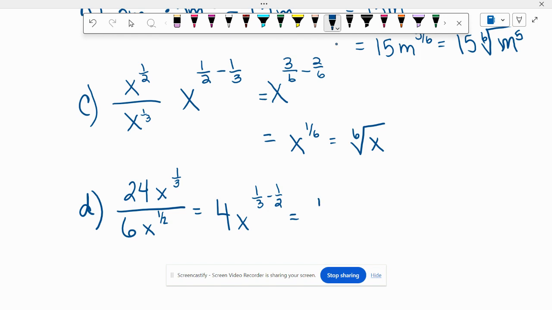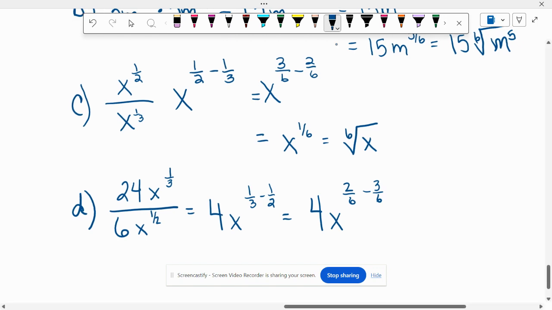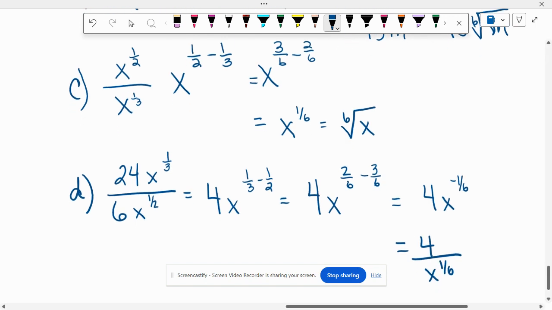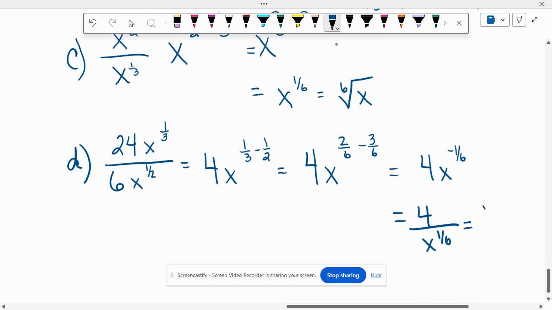So this becomes 4 times x to the 2/6 minus 3/6, right? Do you see that? 1/3 is 2/6. 1/2 is 3/6. So this becomes 4x to the negative 1/6, which means I have to drop it. So it's 4 over x to the positive 1/6, which is the same thing as 4 over the 6th root of x.